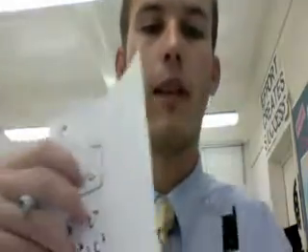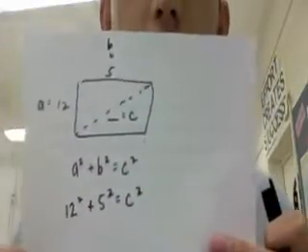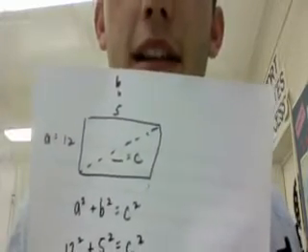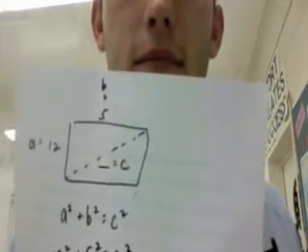So we'll plug the 12 in for A, the 5 in for B, and since we don't know C, we leave it blank until we figure it out. And then you just solve it.